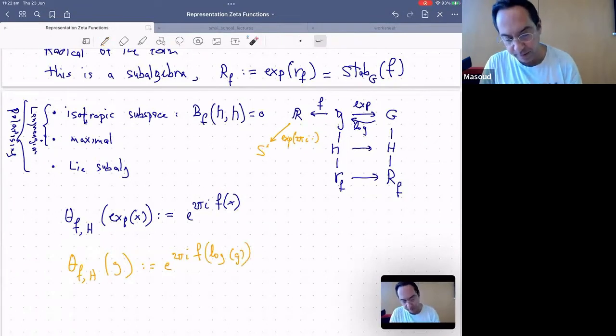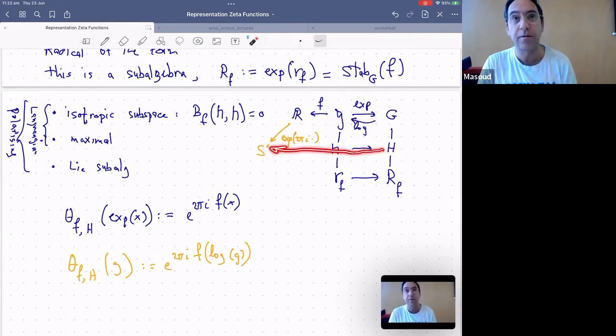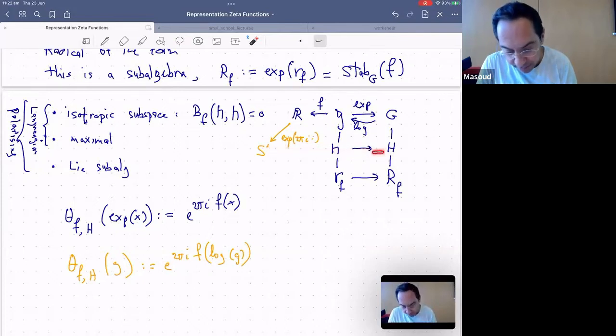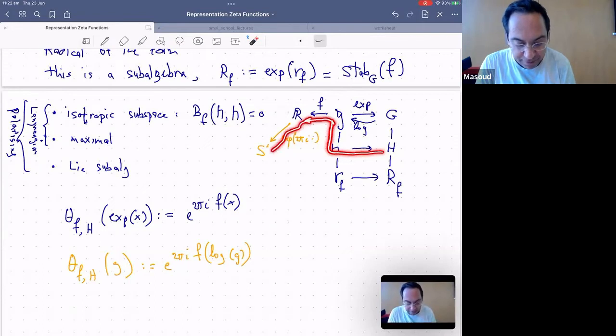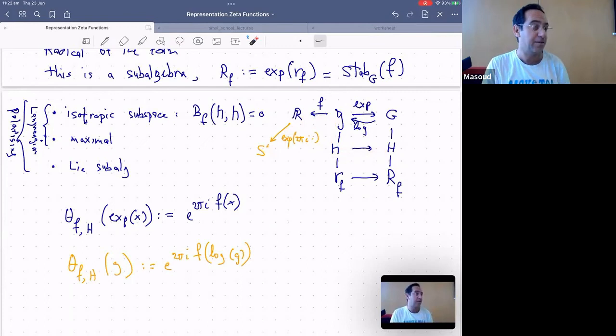At the end of the day, I'm just composing all these maps. I take the log, I have the embedding here, I can take f, and then I can map it to S1. Okay?